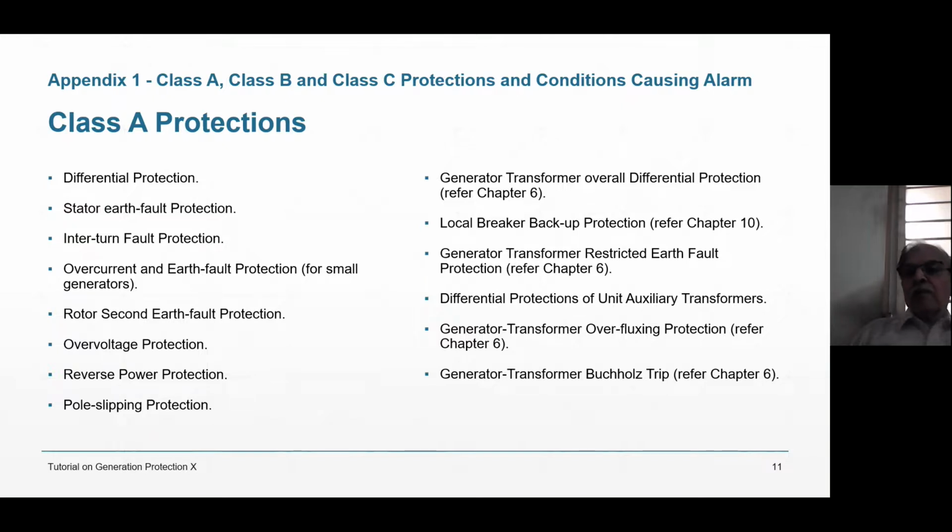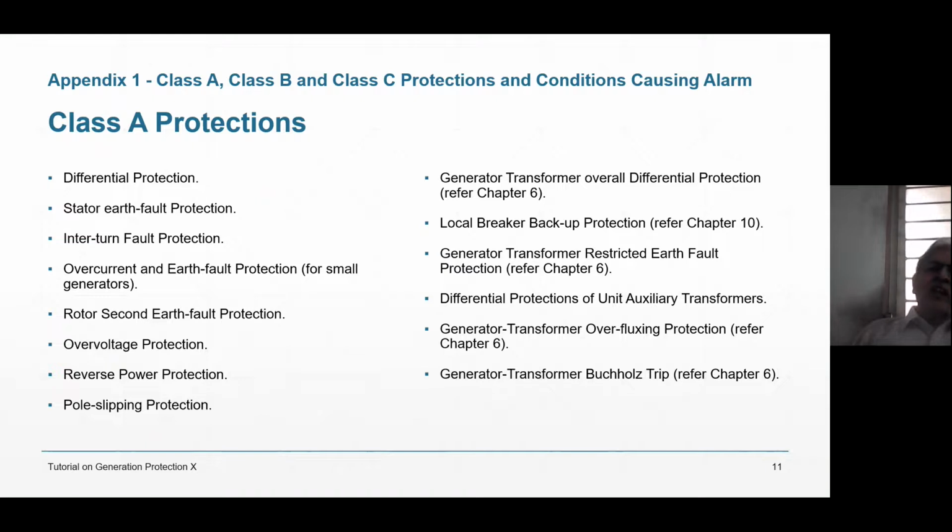Local breaker backup protection. For that we'll have to see the bus zone protection when we see the bus zone. So bus zone protection on the 220 kV bus on which the generator is connected can also initiate class A trip, because some line breaker is not tripped, and therefore all breakers you are tripping.